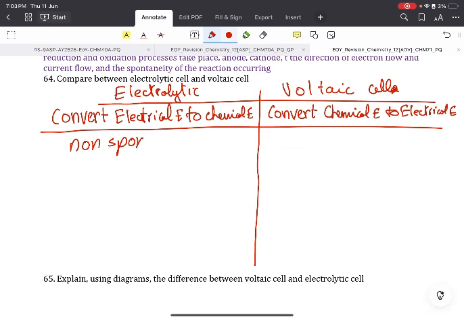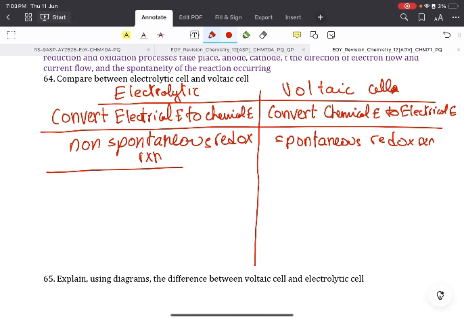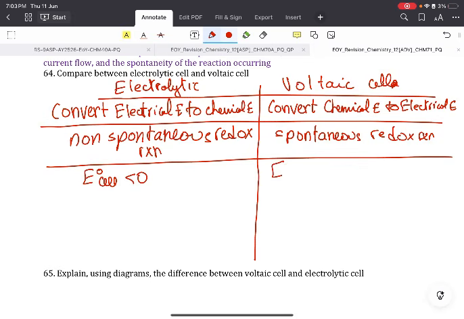Next, electrolytic is a non-spontaneous cell or redox reaction. And this one is a spontaneous redox reaction. Next, in the electrolytic, the voltage is negative. In the voltaic, the voltage is positive.